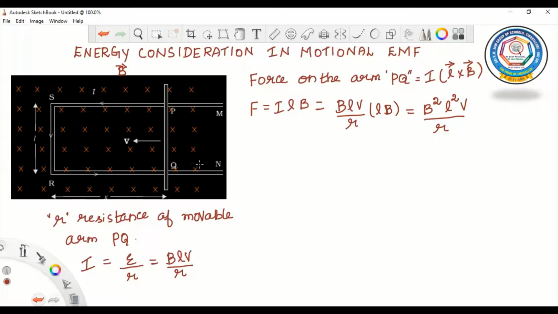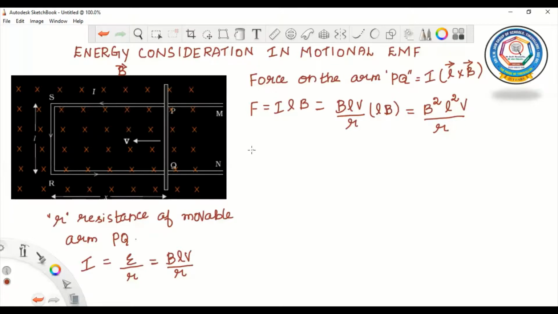Now let us consider the arm PQ, which is being pushed with a constant speed V. Then what will be the power required to do this?